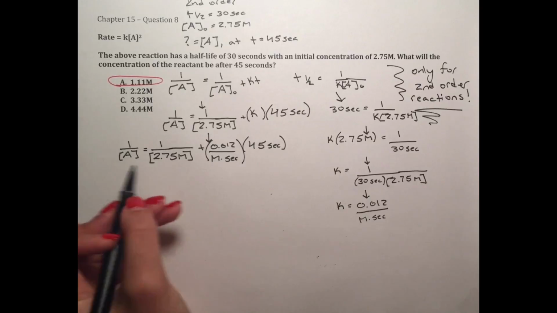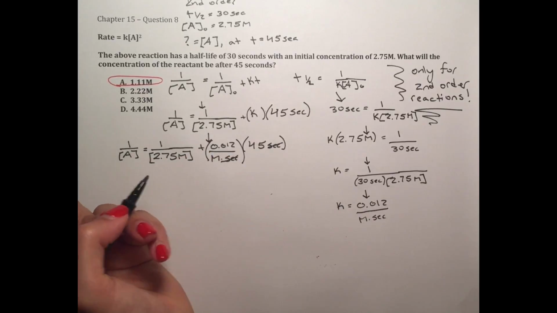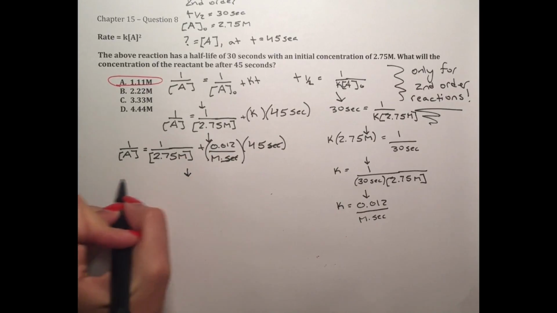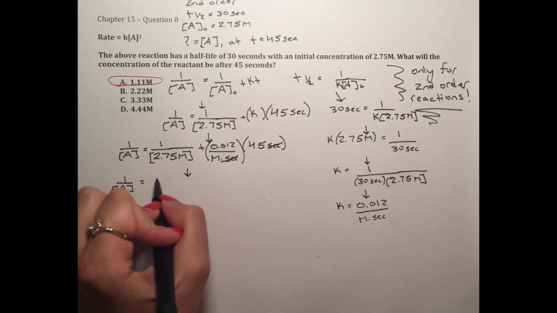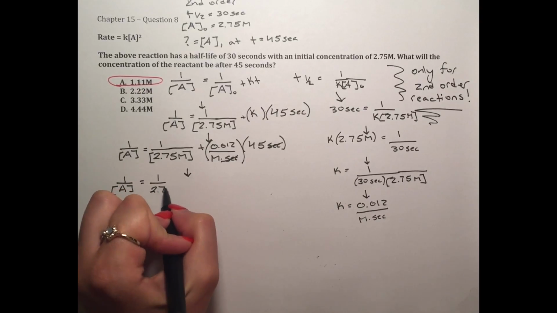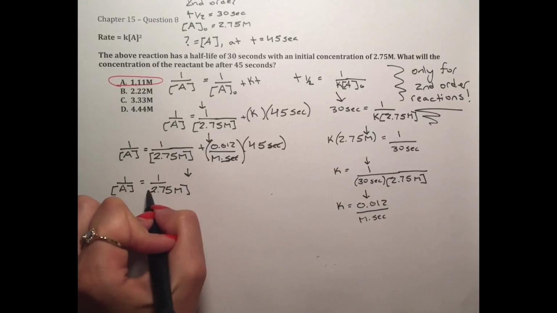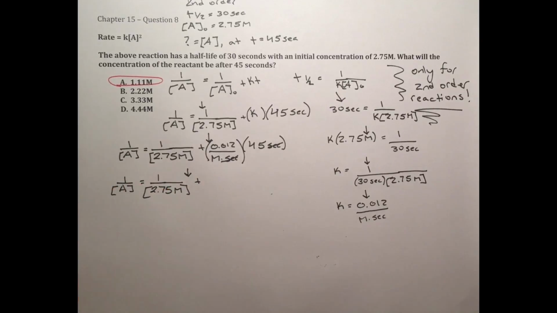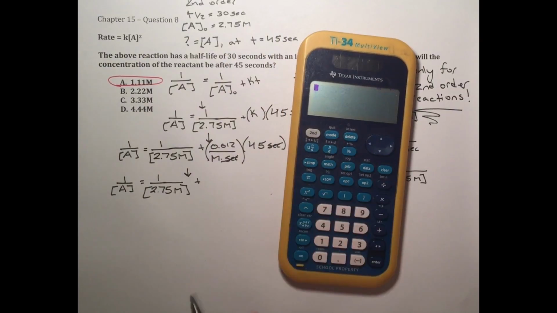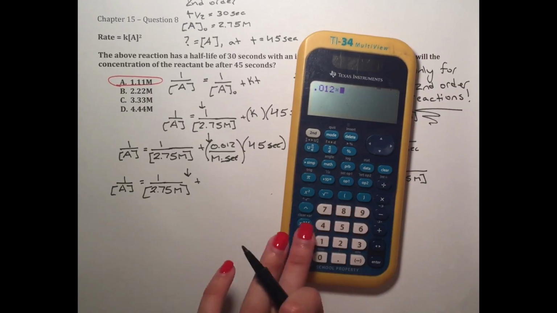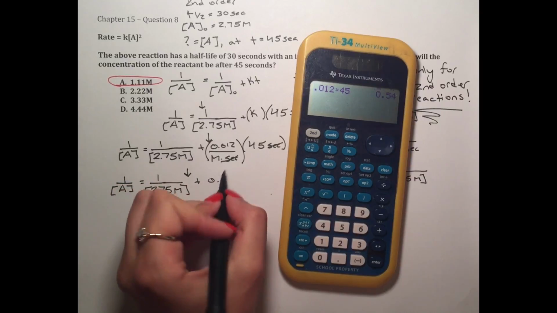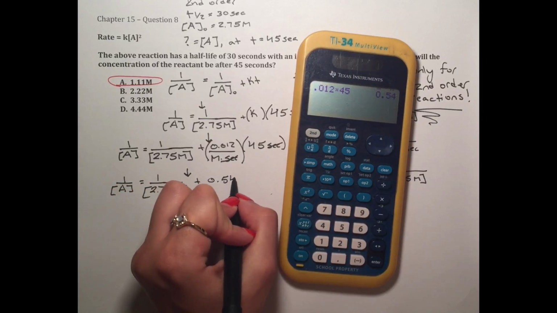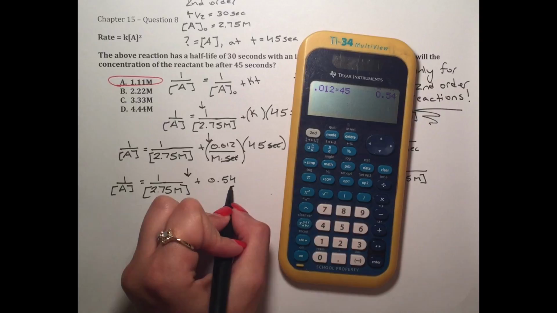Okay, so the first thing we see we can do is cross out our units of seconds, and then we're just going to simplify this equation a little bit further. And we are going to multiply 0.012 times 45, and that gives us 0.54 over molar.